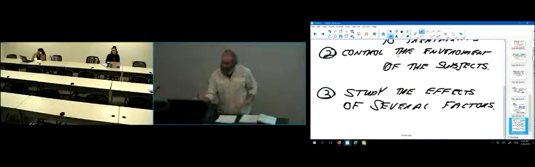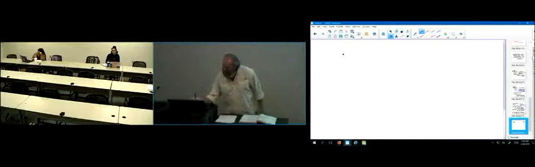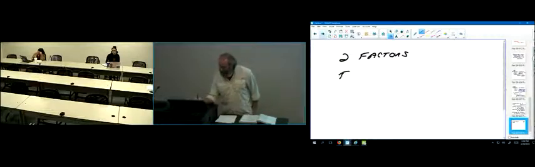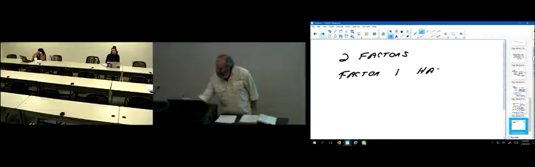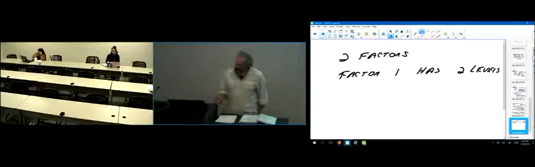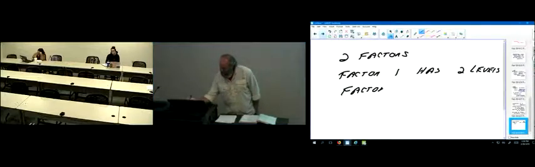Look, let's do this. Just for the sake of things. Suppose I have 2 factors. Whatever they are. And so factor 1 has 2 levels. In other words, 2 different values we're going to work at. And factor 2 has 3.